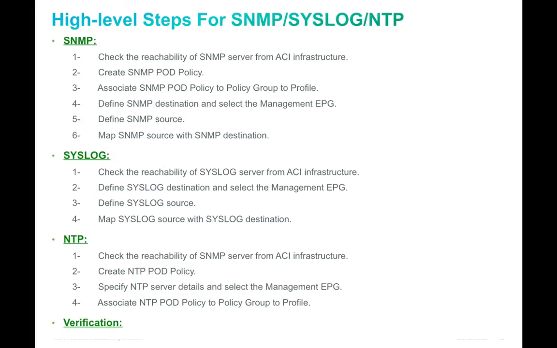From ACI infrastructure, create NTP pod policy, specify NTP server details and select the management EPG. Associate NTP pod policy to policy group to profile. Last but not least, verify all these configuration steps. So let's move on and configuring each of these features within ACI fabric.